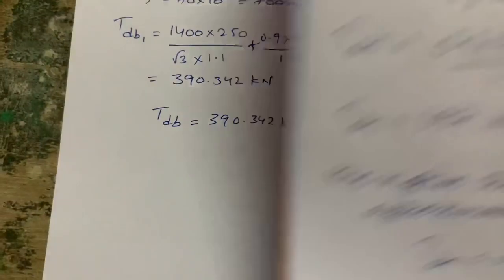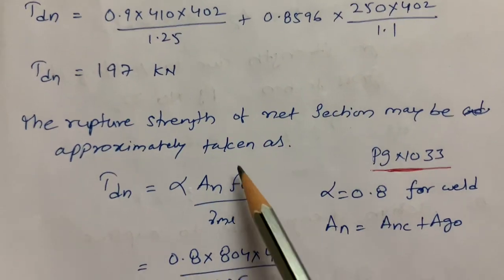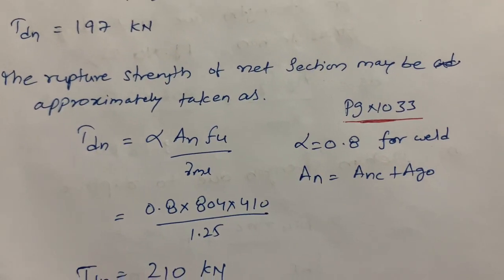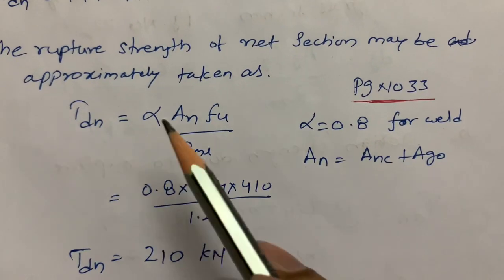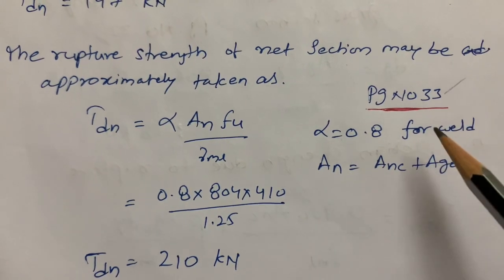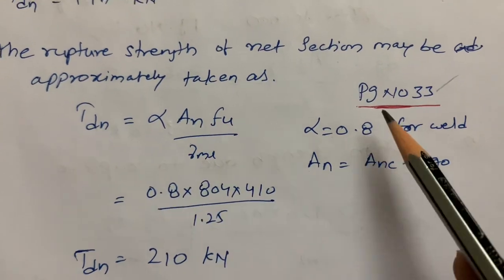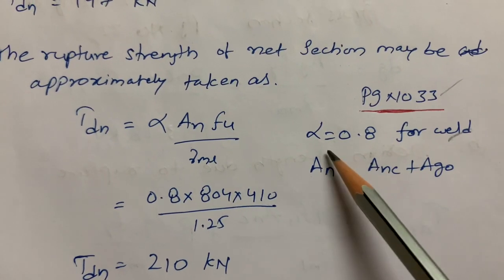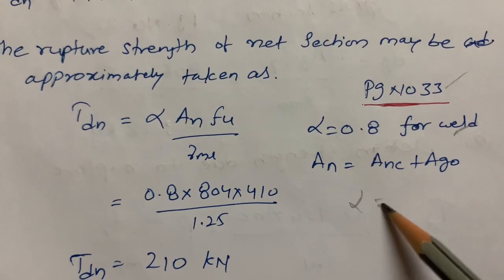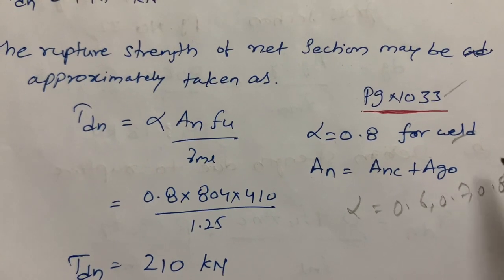After that I got 197 kilonewtons. But the code is specifying that approximately we need to calculate the Tdn value, which is Tdn equal to alpha An Fu by gamma m1, available on page number 33. In this, the alpha value for welding purpose, code is specifying that alpha equal to 0.8, but in a bolting connection it will vary. It is 0.6 or 0.7 or 0.8, which is available in the code book.